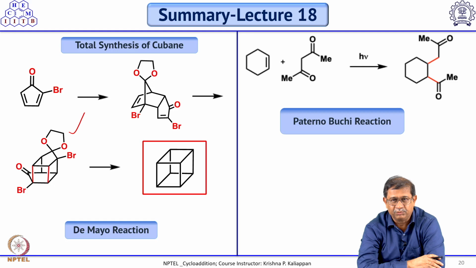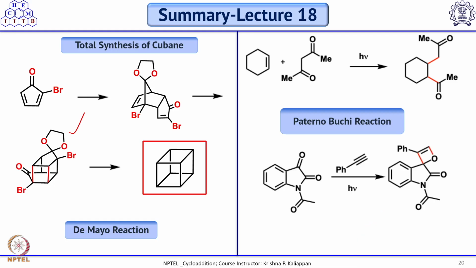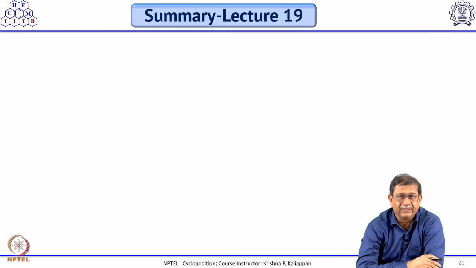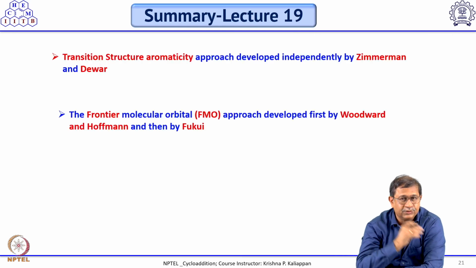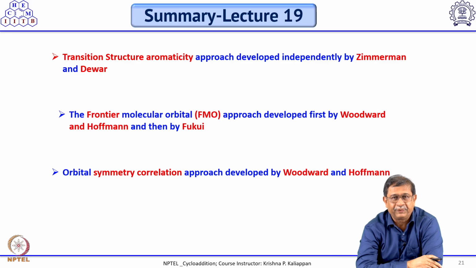Then we talked about the Paterno-Buchi reaction, where the carbonyl group can undergo 2+2 cycloaddition with an alkene or alkyne, and it can also undergo an intramolecular 2+2 cycloaddition between alkene and carbonyl group. That leads to oxetane, and this particular method has been successfully used in the total synthesis of many triquinanes by Weinreb.